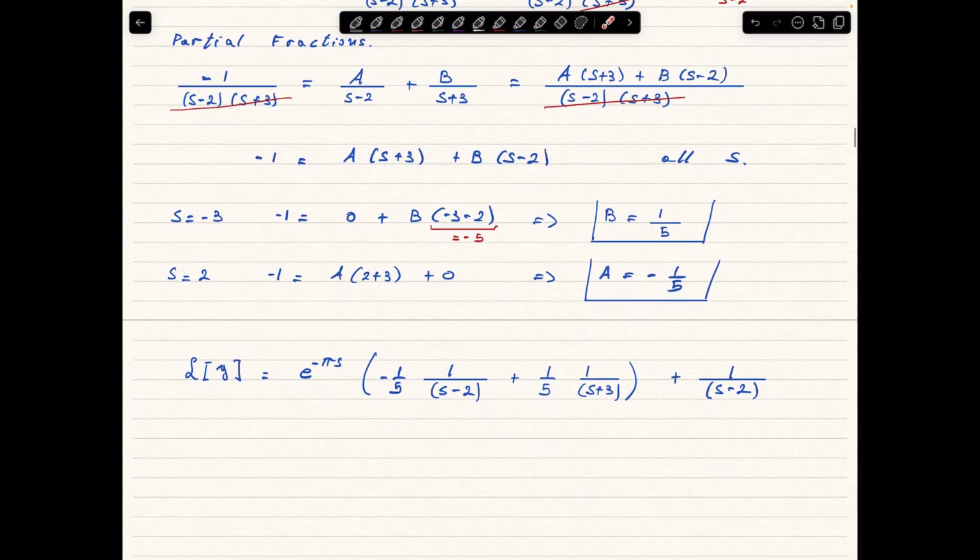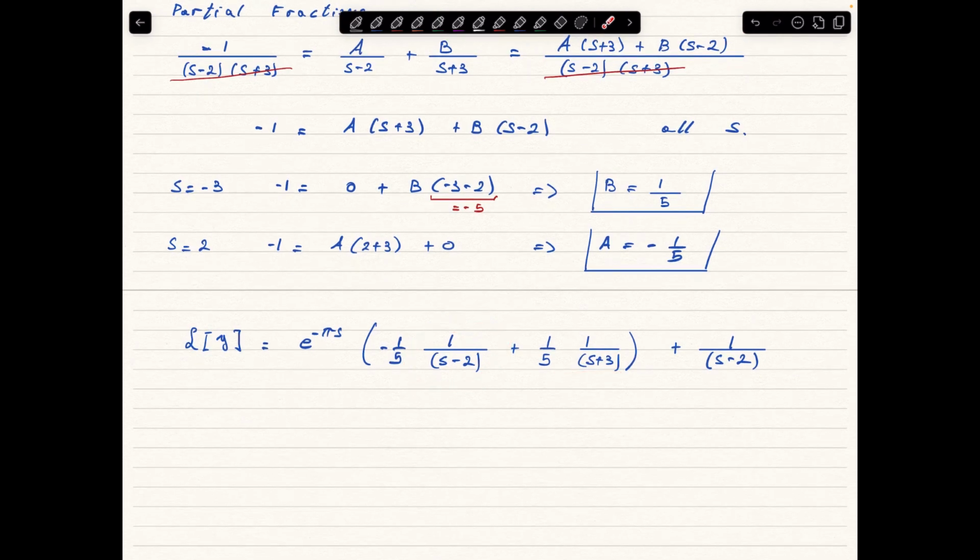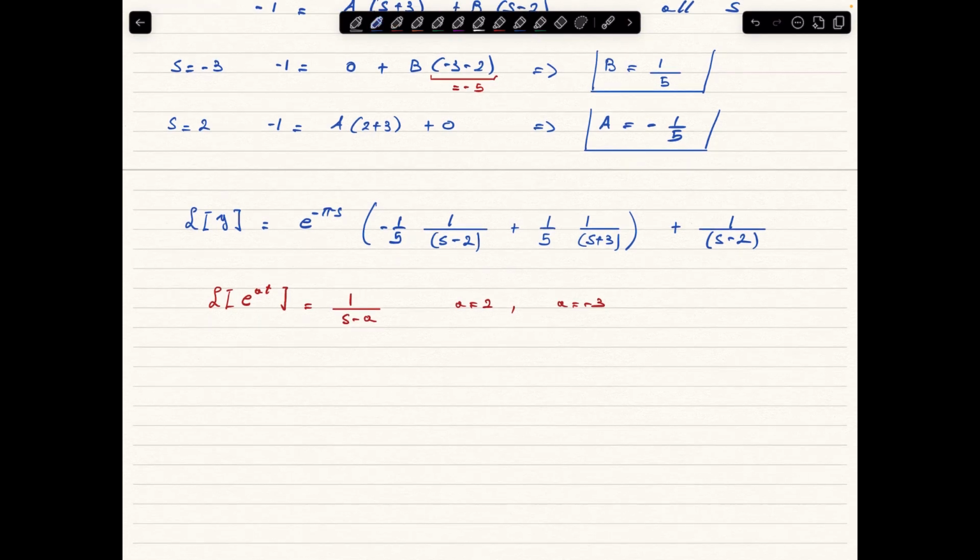So that's it. Now we use that we know the Laplace transform of the exponential e to the at for any a. This is 1/(s minus a). So we use it for a equals 2 as we did before, and also for a equals -3. Then the Laplace transform of y is the exponential; we haven't done anything with the exponential yet.